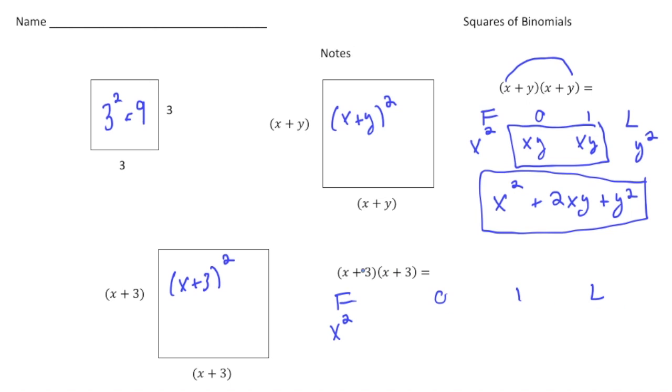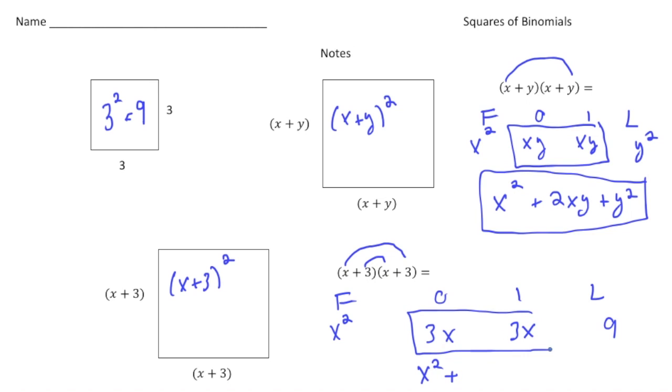The last term, 3 times 3, is 9. The outside term, 3 times x, is going to be 3x. The inside term, again, 3 times x is going to be 3x. And we end up with x squared plus, now notice these two middle terms are both 3x's, so plus 6x and then plus 9.